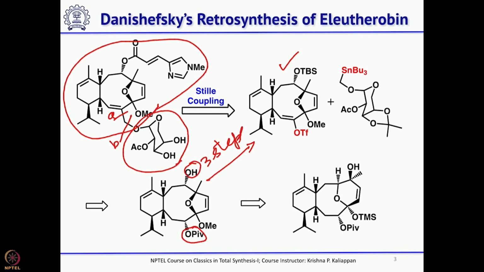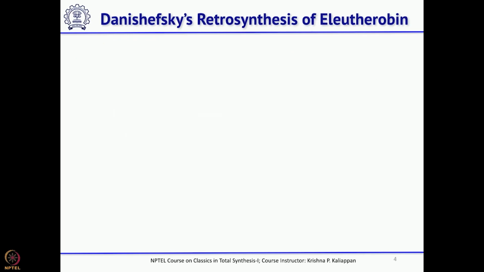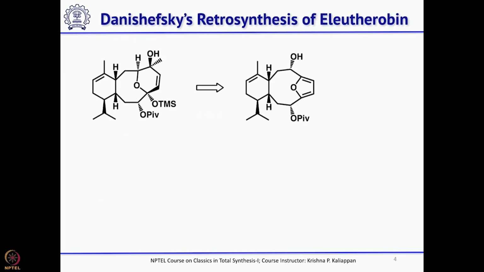Now this 5-membered ring, as I said, is one of the key reactions where the pyranose form was converted into furanose form using acidic conditions. This pyranose form again was obtained from furan. Using this hydroxyl group, an epoxidation of one of the double bonds of furan followed by the rearrangement, one can easily get this 6-membered pyranose ring.